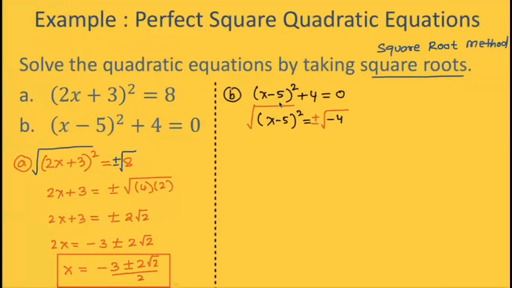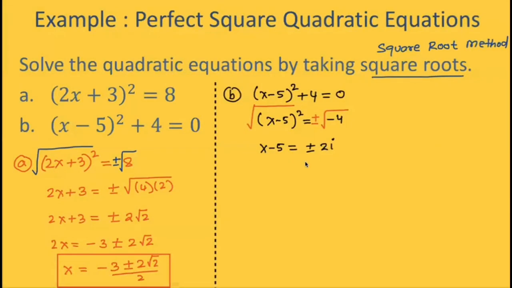Square and square root undo each other, or they cancel. So we get x - 5 equal to plus or minus. You know from our previous class that the square root of 4 is 2, but the square root of negative 4 is 2i. So we are getting a complex answer here: plus or minus 2i.